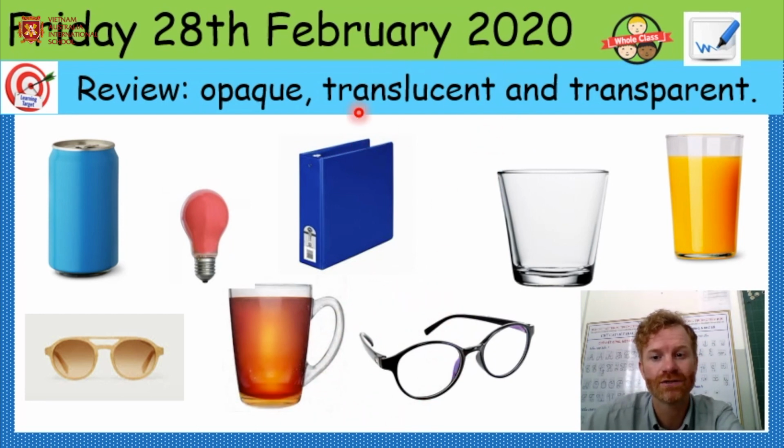So it is translucent. And then we have a pair of glasses. Now, glasses are just going to be like the windows in the classroom. They need to be transparent because we need to see clearly. Right, that's a really, really quick review there for you. Let's move on to the next slide and see what we're going to do today.